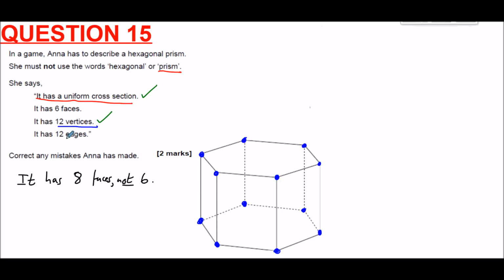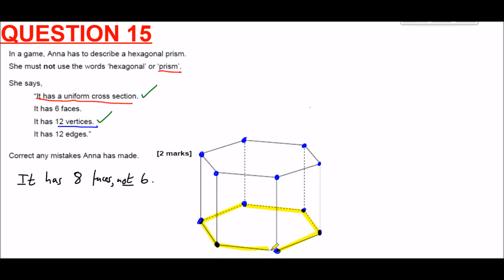Now edges are the straight bits which join the vertices together. And so if we count these up, just starting at the bottom, that's 1, 2, 3, 4, 5 and 6.